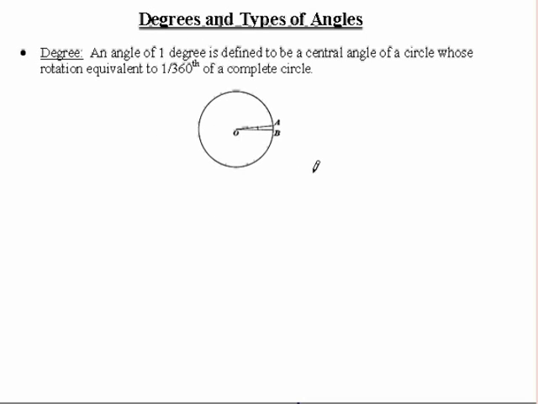Now, there are a list of angles, various names that are associated particularly with degrees. However, there's one particular type of set of angles that I'm going to give you a definition for that isn't directly related to degrees.